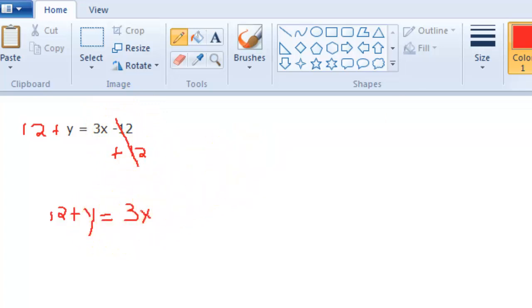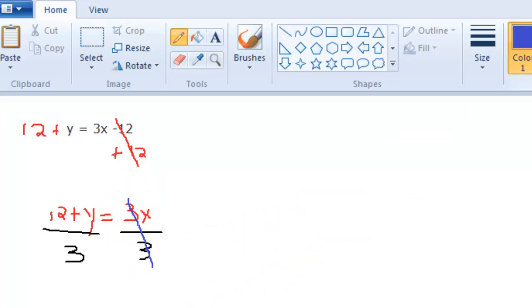Now you have to divide both sides by 3. So what you had somehow came out strange. I think because you had to type it, maybe that's why it came out funny.